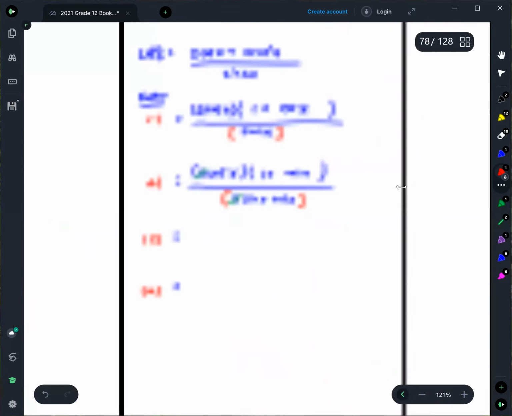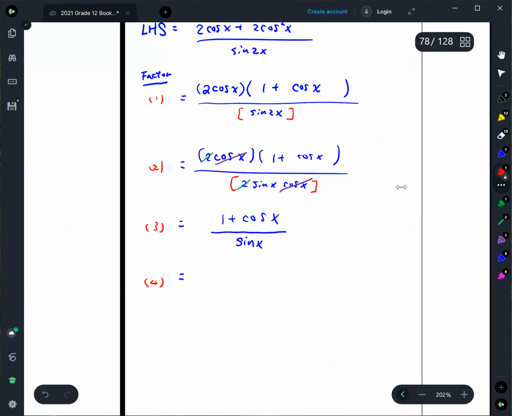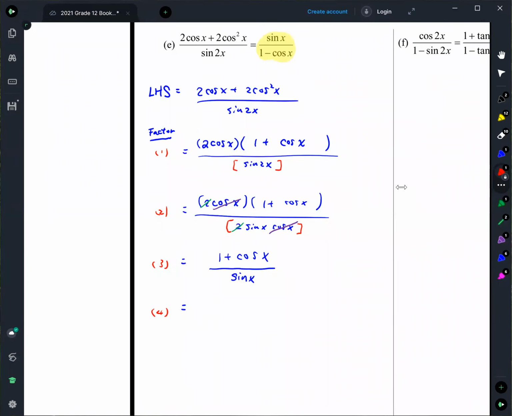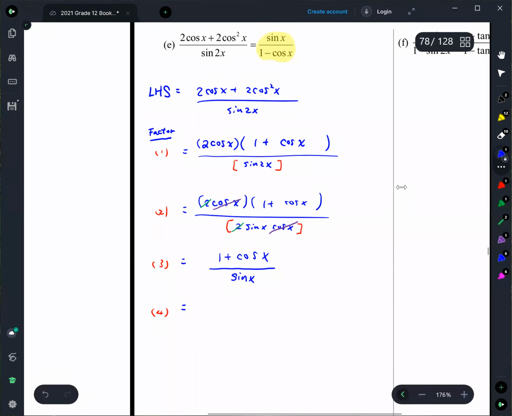We're gonna use that here because we have 1 plus cosine x, and we want to have 1 minus cosine x at the bottom. So your next step is to multiply with a conjugate. So multiply 1 minus cosine x over 1 minus cosine x.